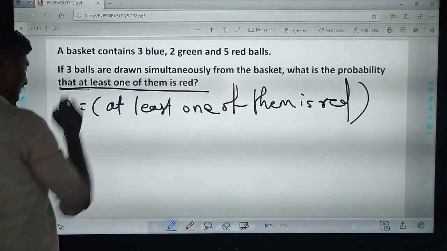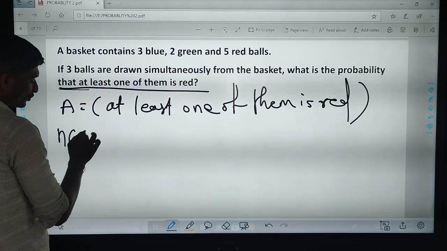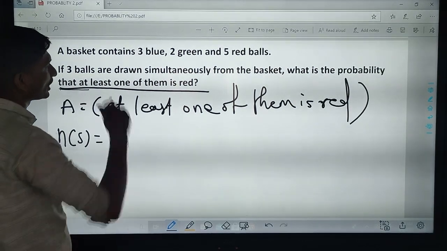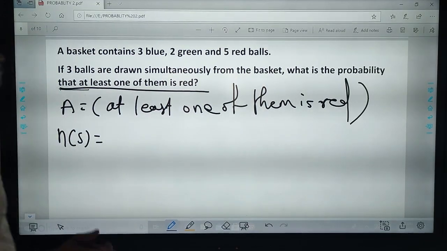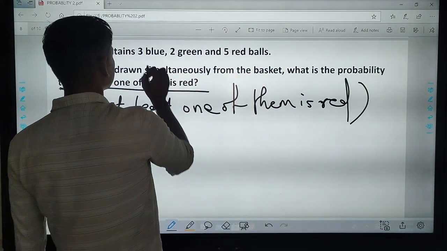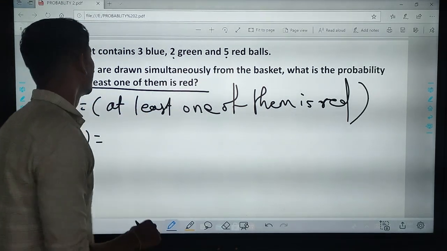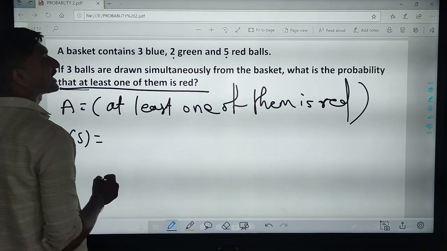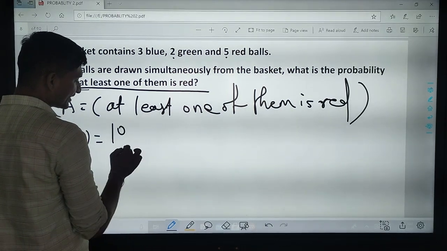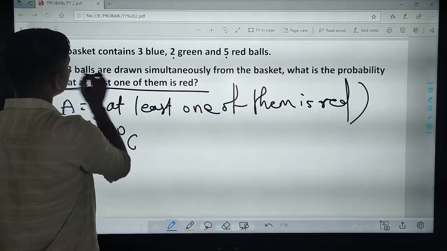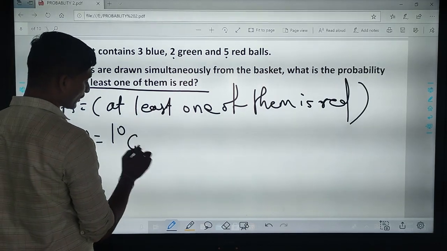Here n of S is equal to the total balls in the basket: 3 plus 2 is 5, plus 5 is 10. Then these are selected by 10C3. Here 3 balls are drawn from 10 balls.